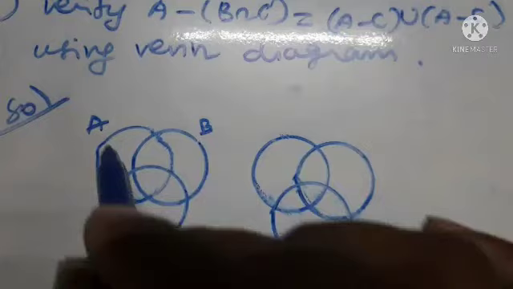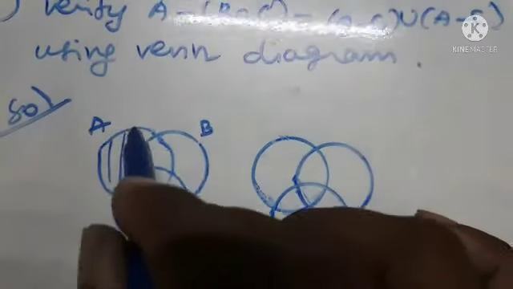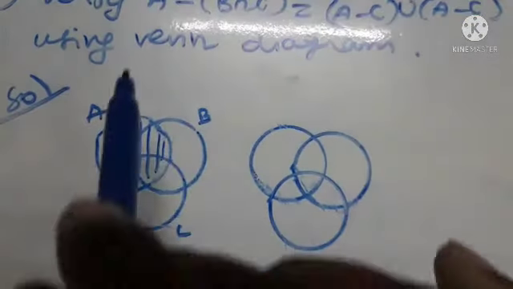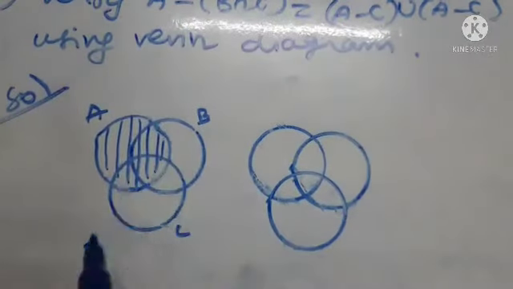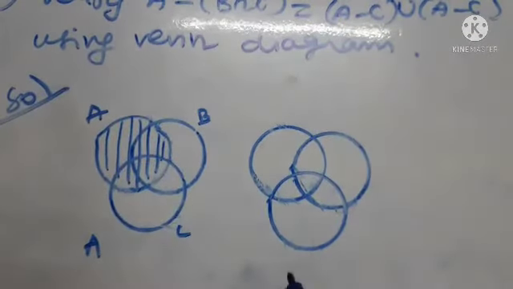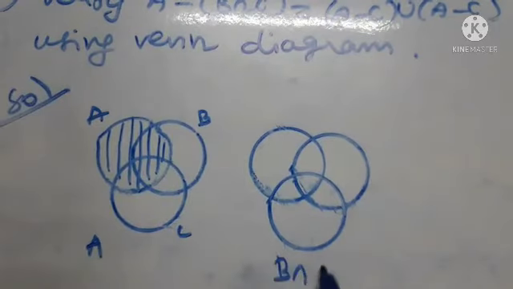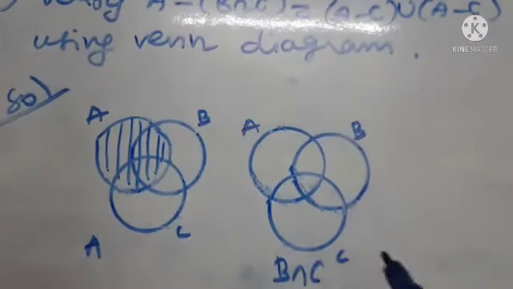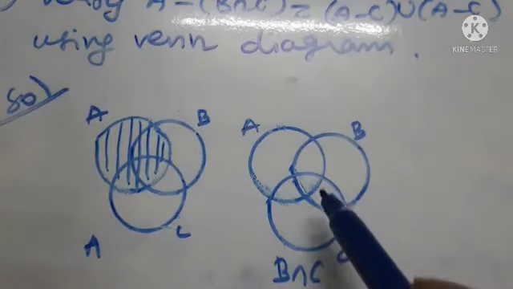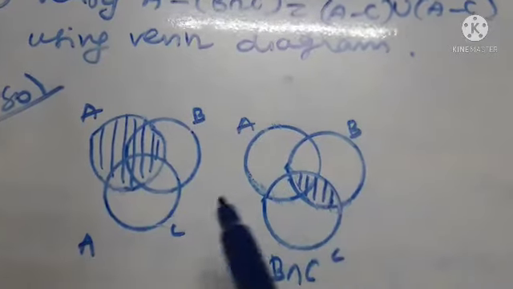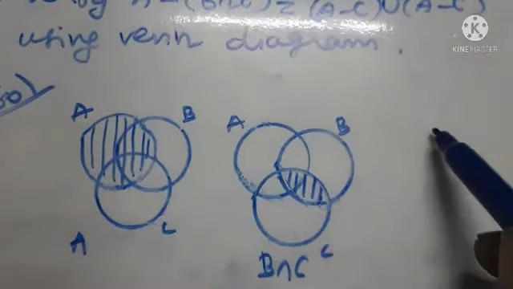First, A means shade the full area of circle A. LHS, A − (B ∩ C). First shade A's full area. Then next, B ∩ C. This is A, this circle B, this one C. B ∩ C means the common part of B and C. Shade this area. Now A minus the third one.